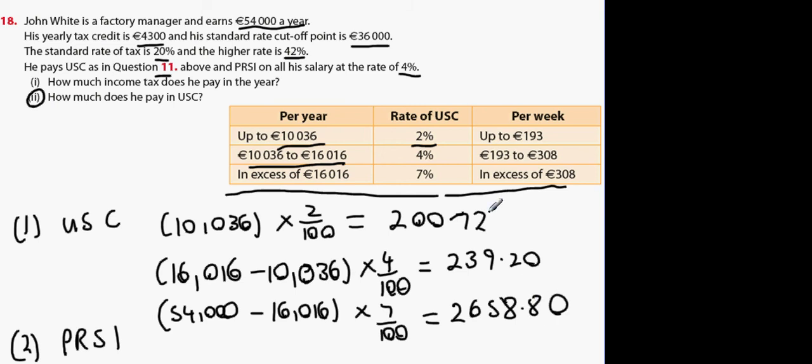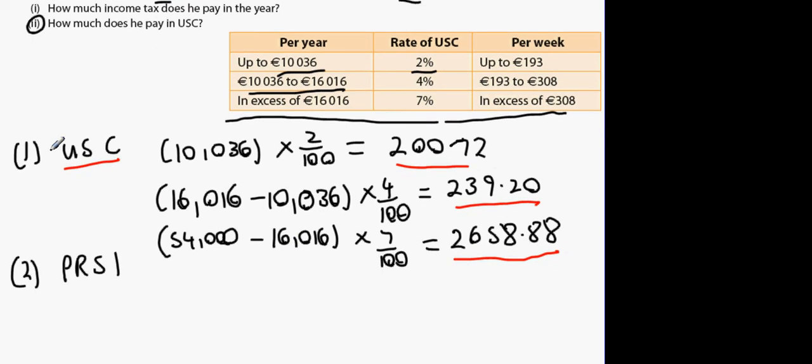To find the full charge, we're going to have to add all 3 of these together. So the full USC charge is going to be when we add all 3 of these together. And what do we get? Add them together.